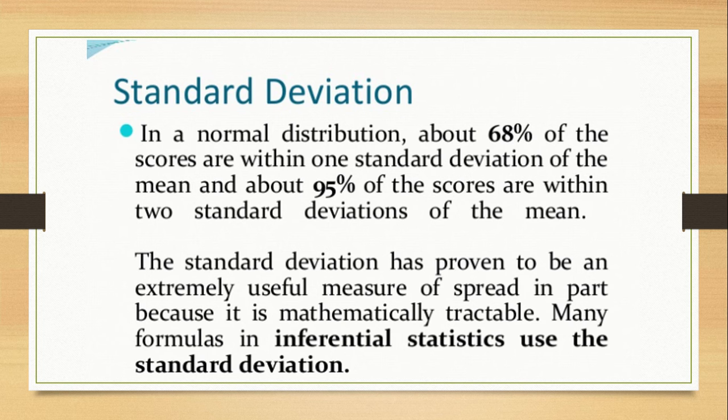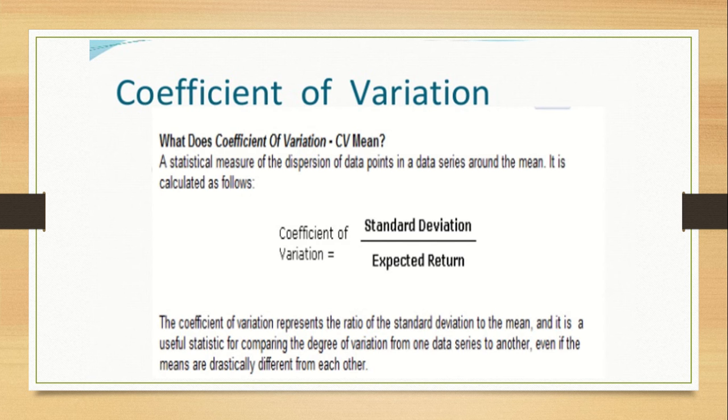In a normal distribution, about 68% of the scores are within one standard deviation of the mean, and about 95% are within two standard deviations of the mean. The standard deviation has proven to be an extremely useful measure of spread, in part because it is mathematically tractable, and many formulas in inferential statistics use the standard deviation.